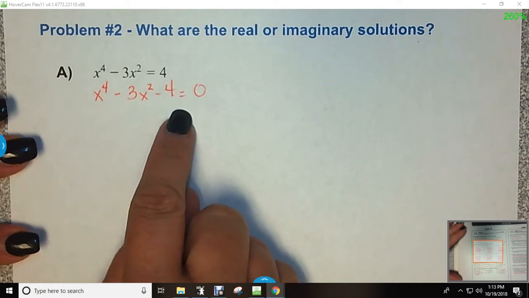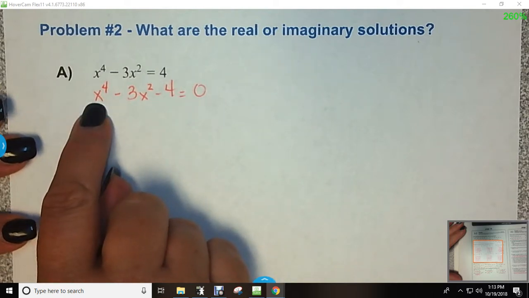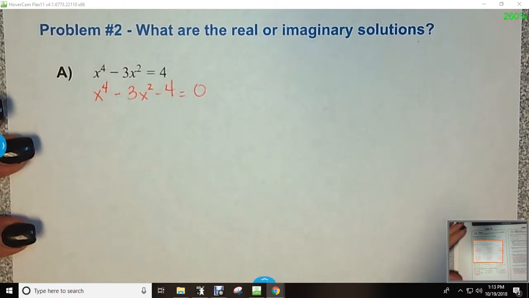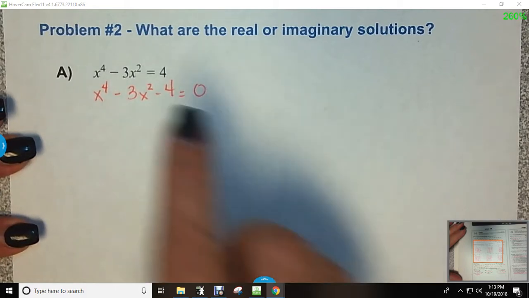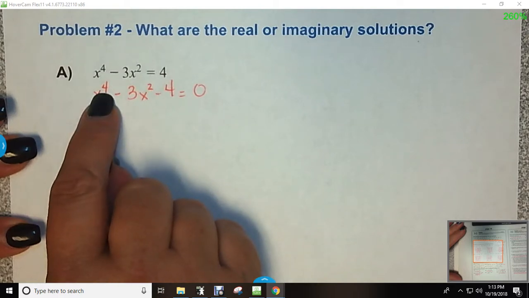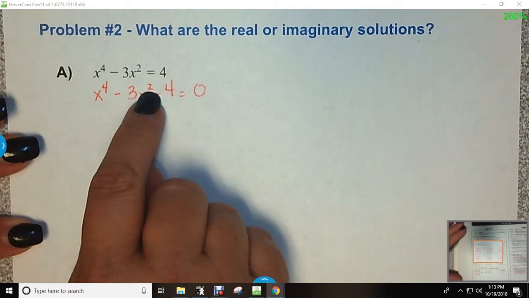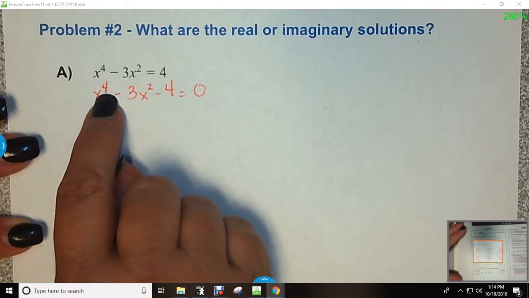The difference in this one is my first term is an x to the 4th, and I don't have a greatest common factor this time. But I don't really have to do anything different. What I want you to notice is the exponents. This one is an x to the 4th. The one in the middle is an x to the 2nd. Well, 2 is exactly half of 4.